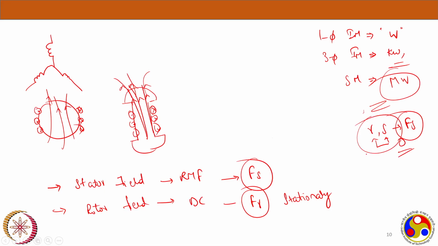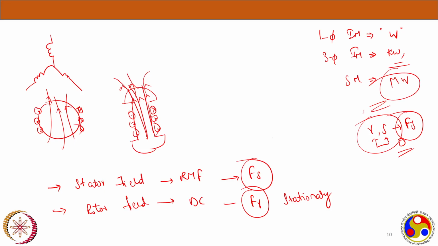A stationary observer, if he sees the rotating machine, should say that both the fields are moving at the same speed. Then only the angle between them will be constant, and then only they will produce a steady torque. But now, if you look at this synchronous machine, a stationary observer will say, okay, this DC rotor field is stationary only, there is no speed of this rotor field.